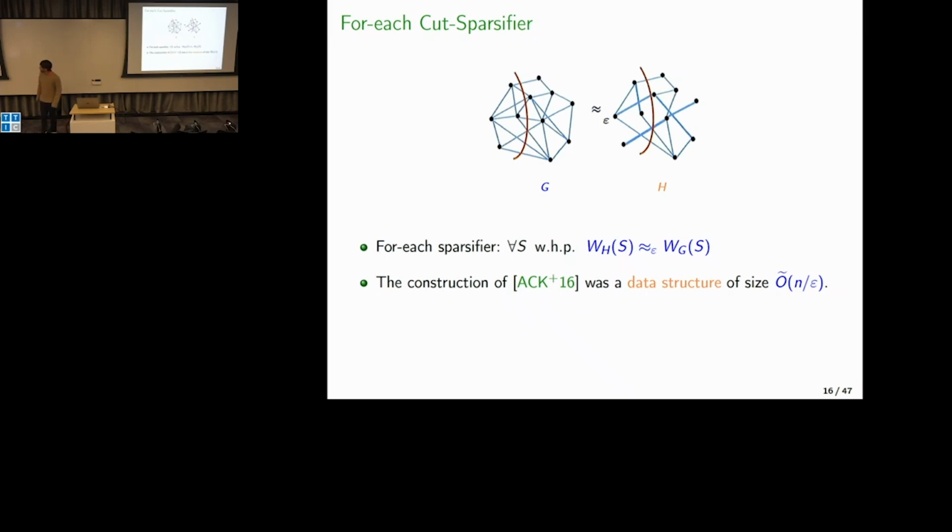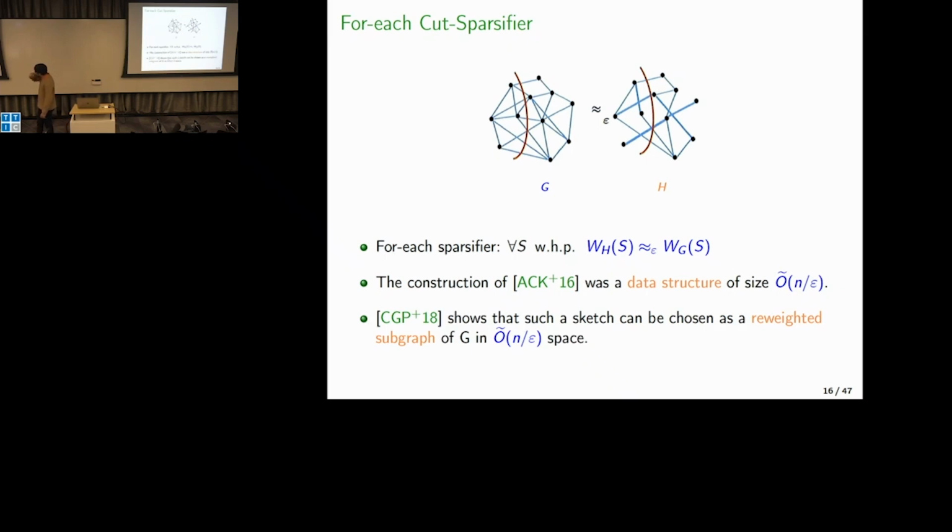Okay. Yeah. So they came up with a data structure of this size. They sort of relaxed the guarantee in two ways. One is the for-each guarantee, but also they're not giving me a graph. And Chu et al. asked the natural question: can this be a graph? And it turns out, yes, in the same space, I can get a reweighted subgraph of the original graph.